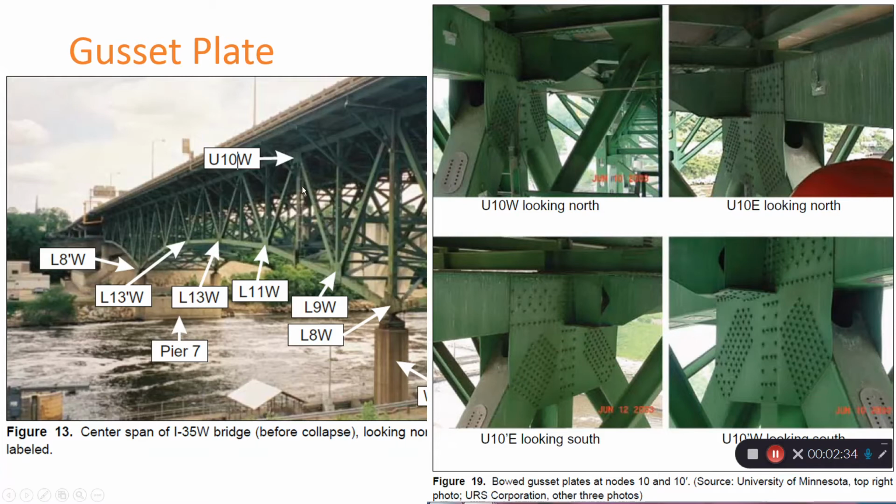The initiating event was the failure of the upper end of this diagonal member, and later the failure of its connecting gusset plate at the node U10. The tension member in this bridge had inadequate capacity even in the original as-designed condition.